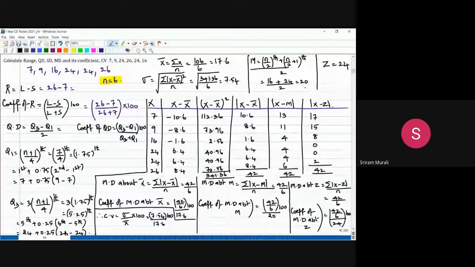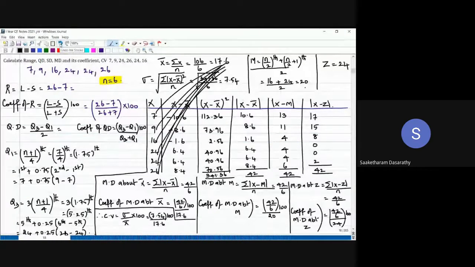Sir, I want to know how you derived the values of x minus x bar the whole square. X minus x bar value, how did I derive? This is 7 minus 17.6, 9 minus 17.6, 16 minus 17.6, 24 minus 17.6, 24 minus 17.6, 26 minus 17.6. Have you understood?